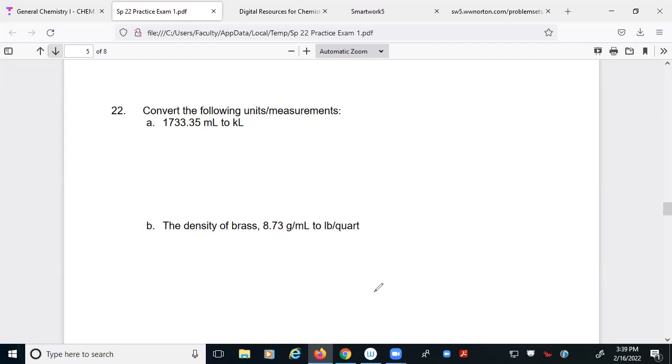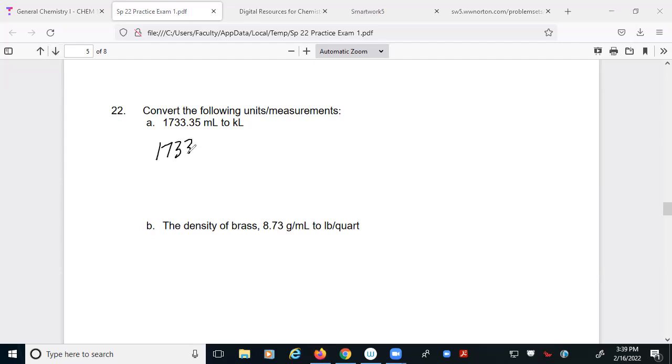For A, because the metric table is not being given to us, we are going to need to know how to do that conversion. Now, these are really common metric prefixes, so it shouldn't be that hard to do. It's just a matter of putting the right steps in the right order.